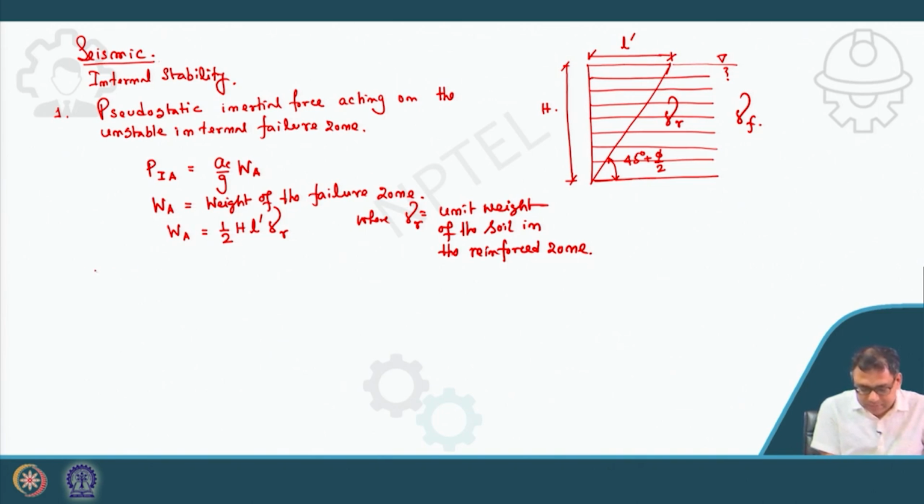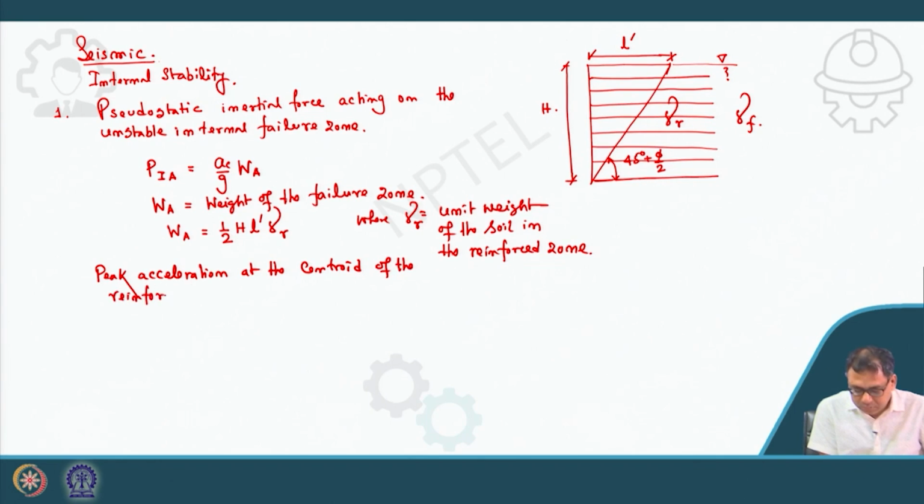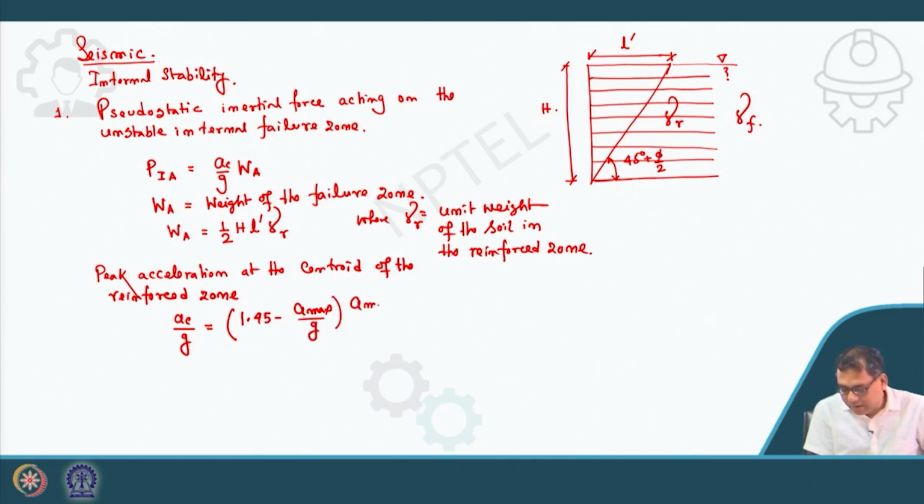The peak acceleration at the centroid of the reinforced zone, we can get A_C by g, that is equal to (1.45 minus A max by g) into A max by g.